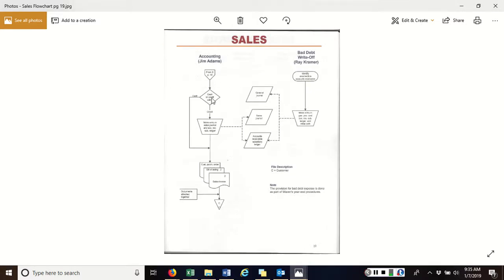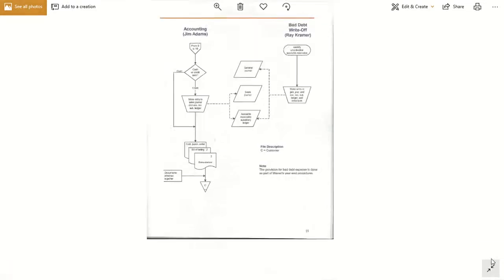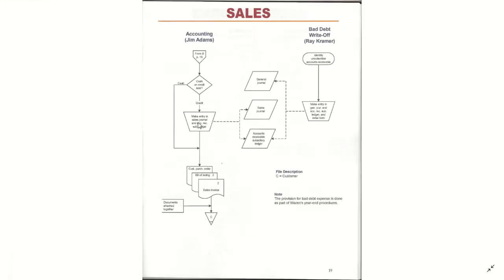So is this a cash sale or a credit sale? It's a credit sale. So make an entry in the sales journal and accounts receivable subsidiary ledger. So once again, the sales flowchart matches the sales journal.